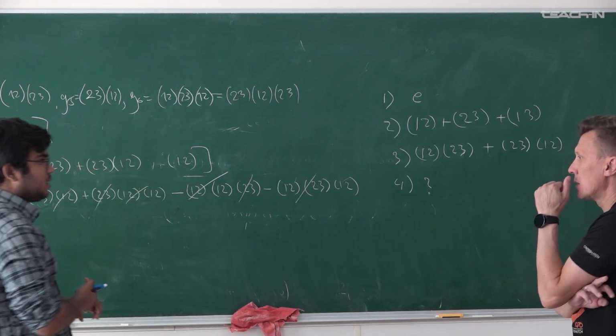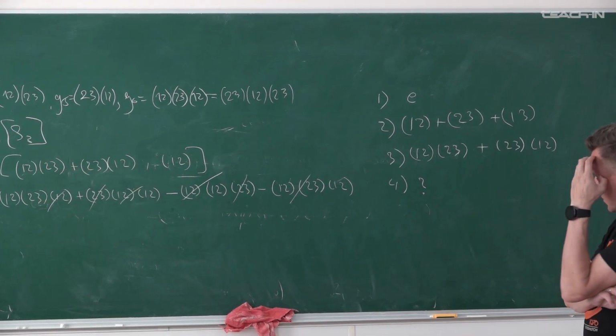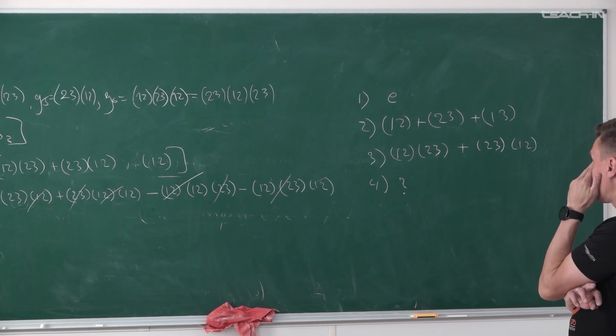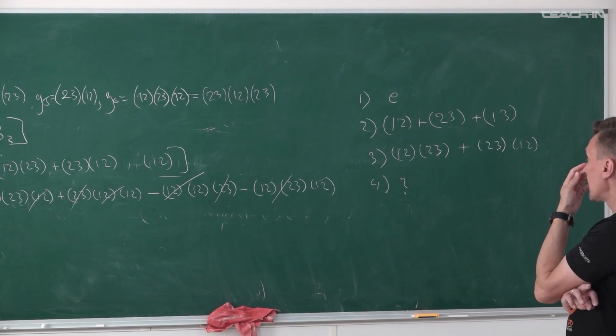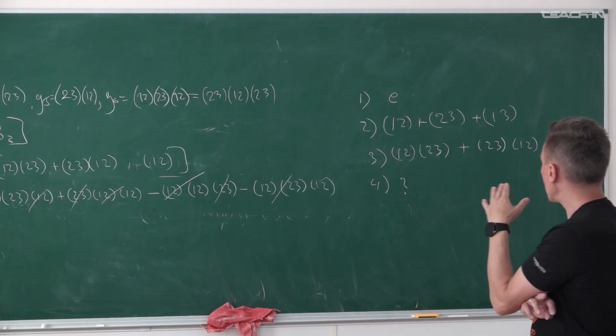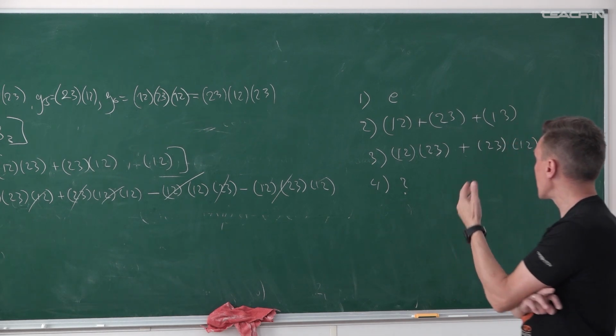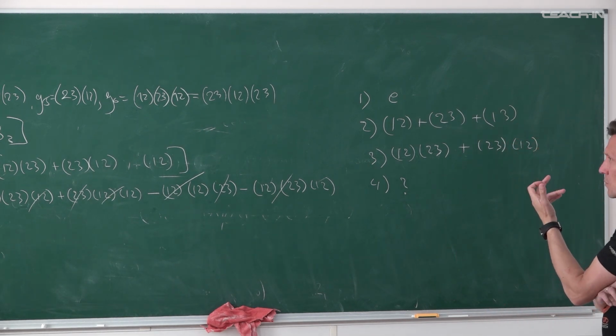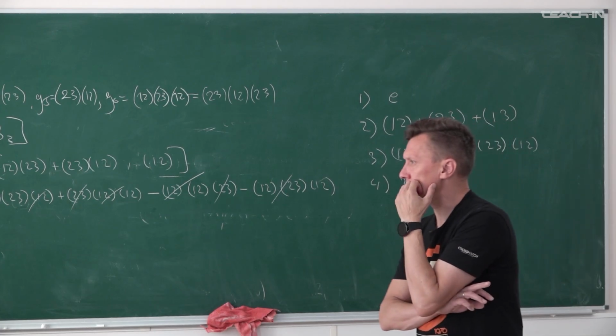Are there any more? No, there are no other central elements, and the general statement is that all central elements are generated by the conjugacy classes in finite groups.